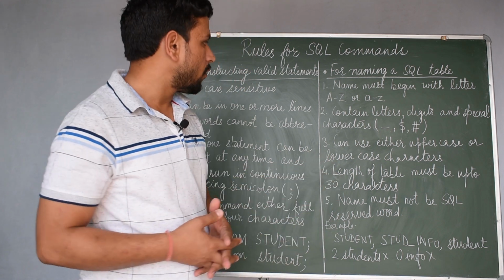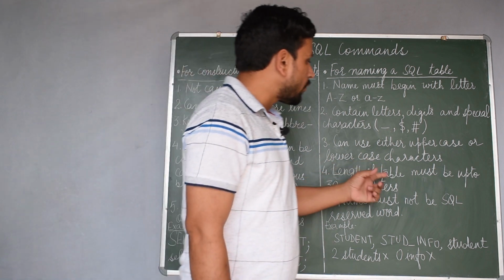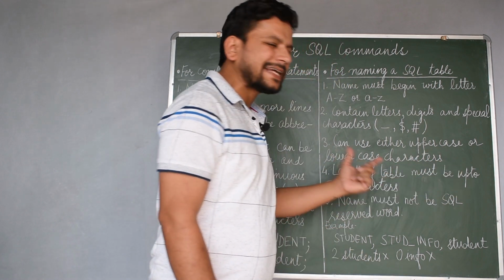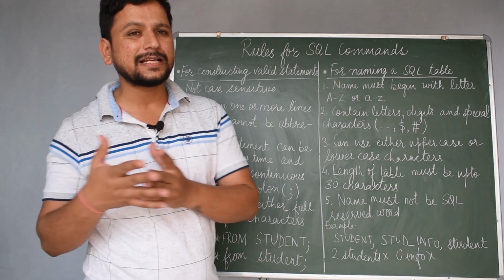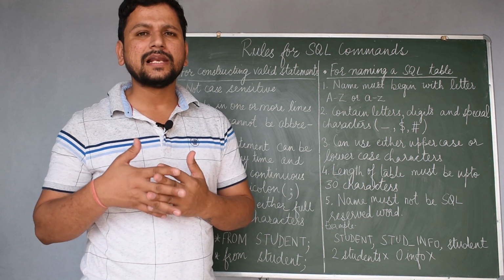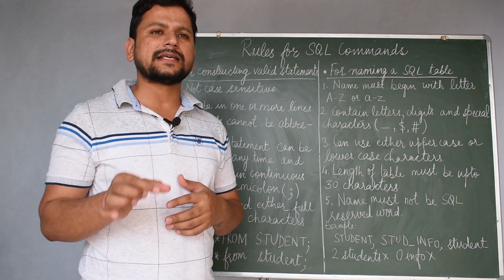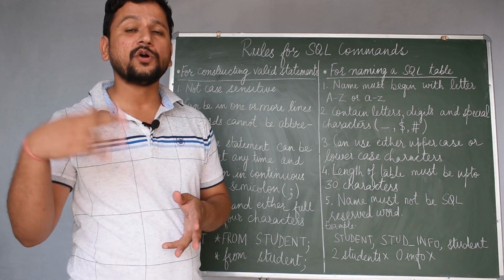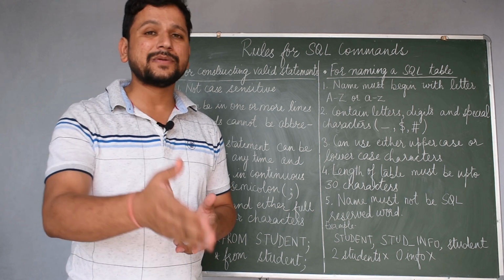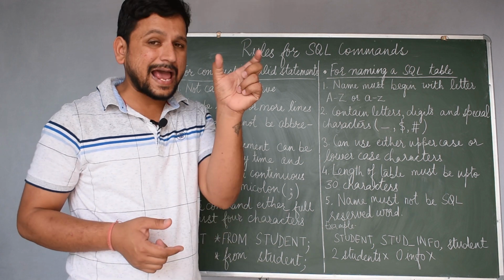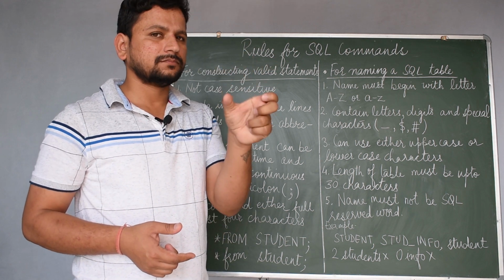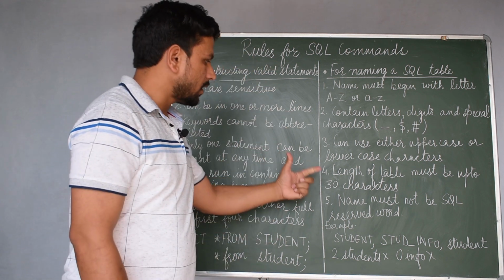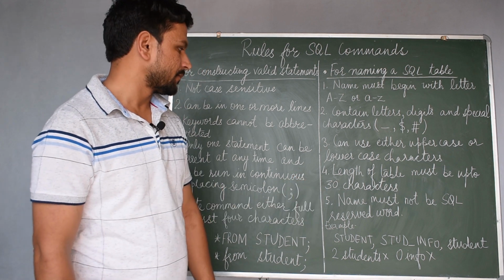Fourth rule we have, the length of a table name must be up to 30 characters. Means while naming a table, the name of the table must be 30 characters only, not beyond 30 characters. That is limited to 30 characters. So the size of the table name is limited to 30 characters only.